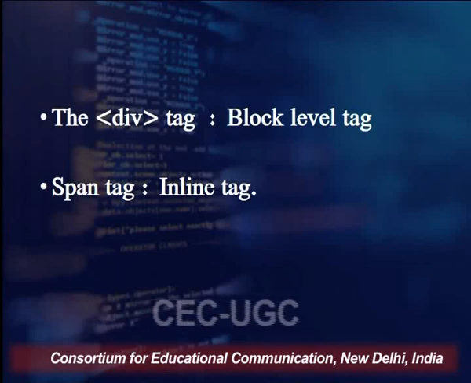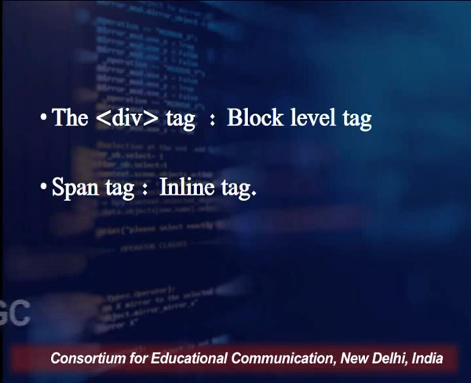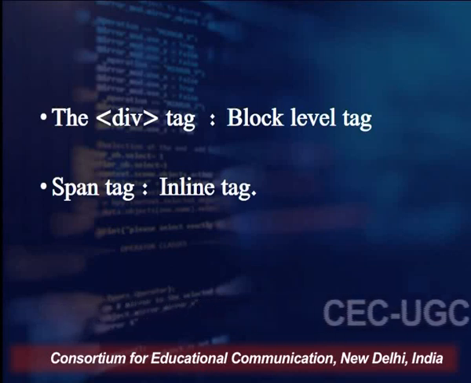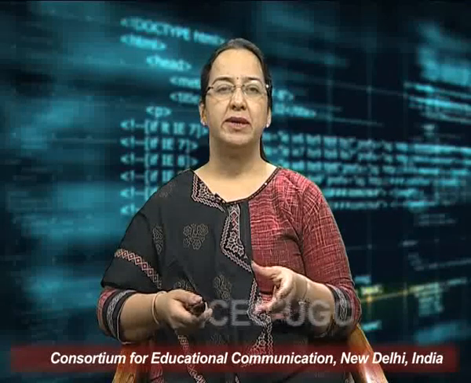That means it is going to divide the document window into a section of its own, so that it looks like a separate section or a line break in between, and everything inside this div tag is inside a separate section. And the span tag is an inline tag, used within the sentence. It is not going to create a separate section inside the document.